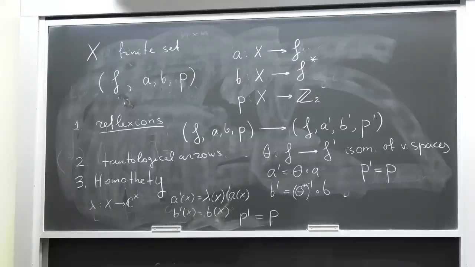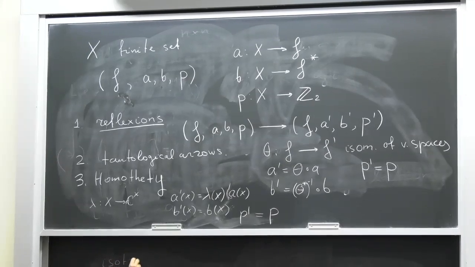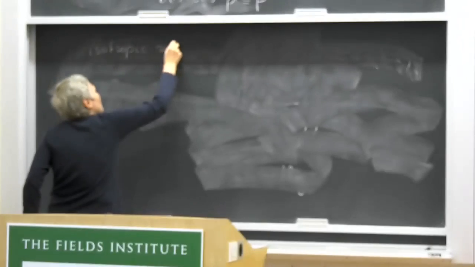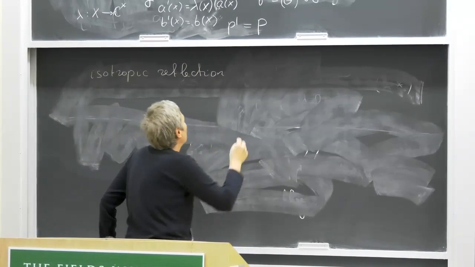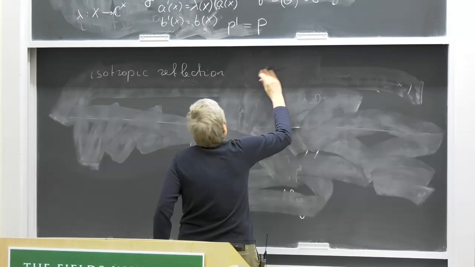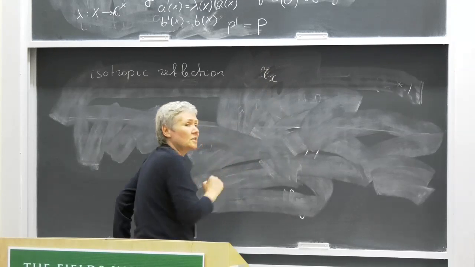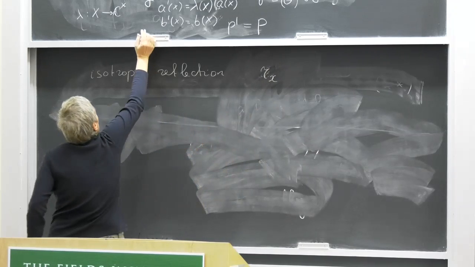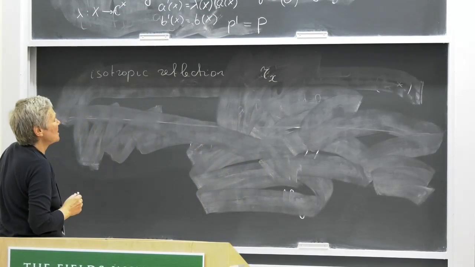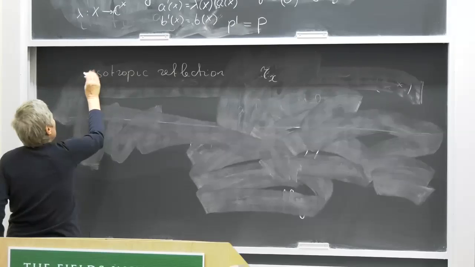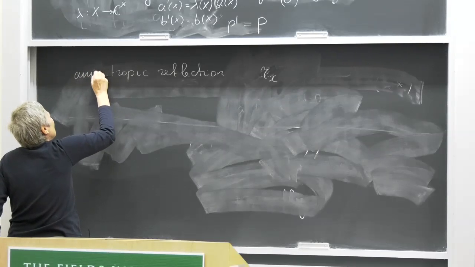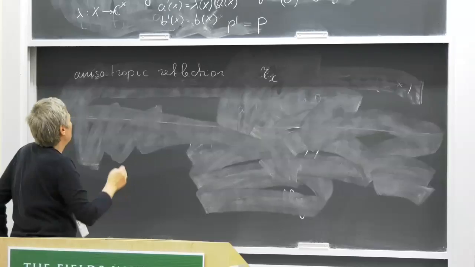So there are two types of reflections: isotropic reflections and anisotropic reflections. Reflections are indexed by the index set, by X. Let us do anisotropic first, because this is the sort of usual reflection.